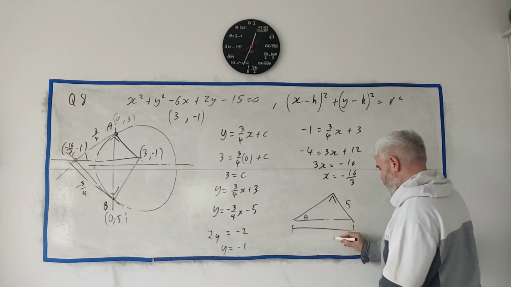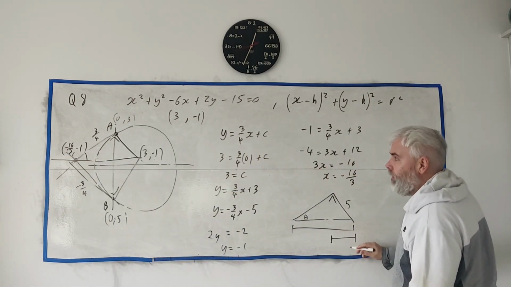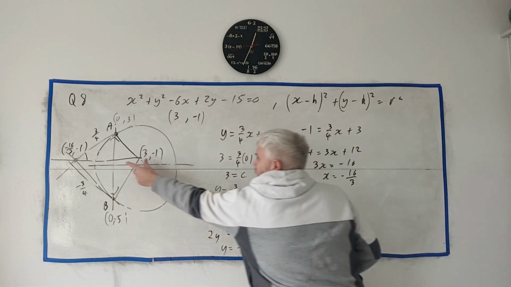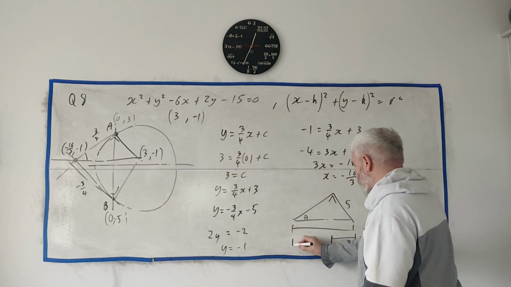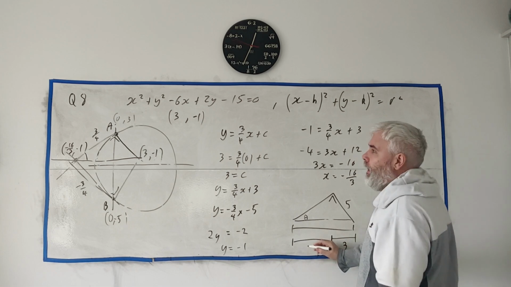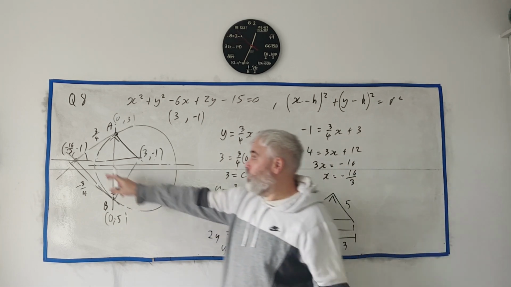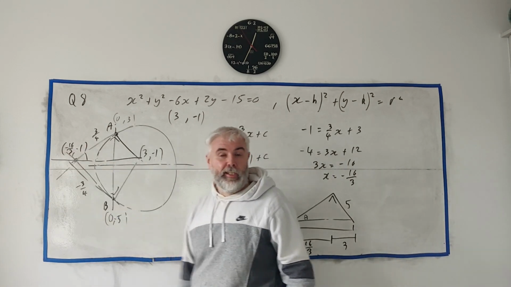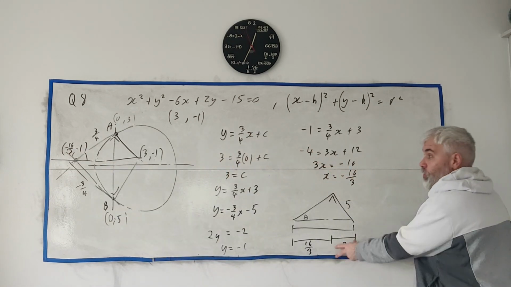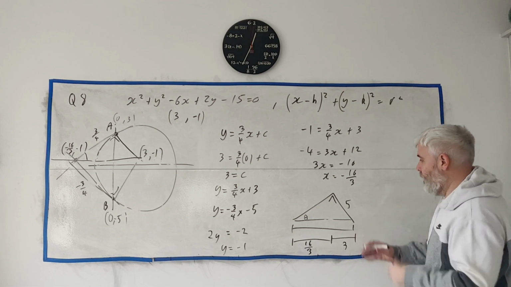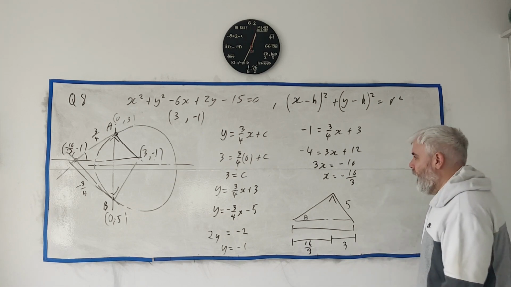Because remember, this length to the centre is 3. So you would have just found out this length here is 16/3. Although you'd have to make sure you put a minus in because we're going left. We're going minus world. That was another way to do it. That was quite a nice way to do it.